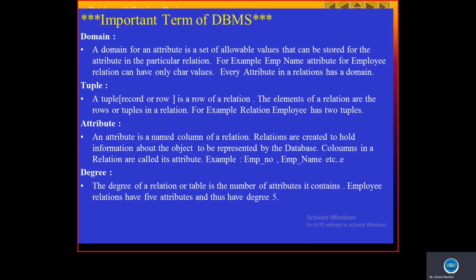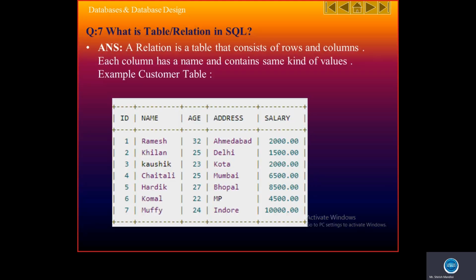They are the headings of particular columns, like employee name, ID, address, city, pin code. Degree: the degree of a relation or table is the number of attributes it contains. The employee relation has 5 attributes, thus it has a degree of 5. Suppose we're talking about this table, the number of columns is 5, so the degree of this table is 5.